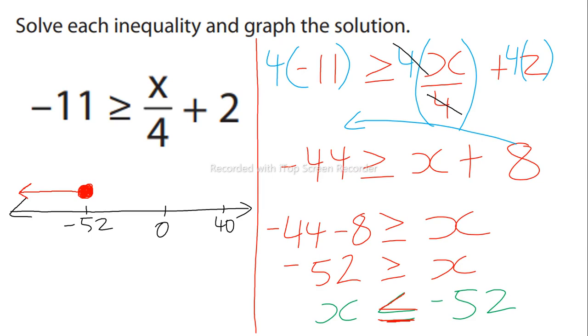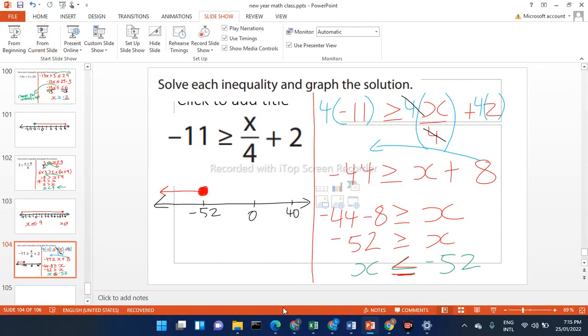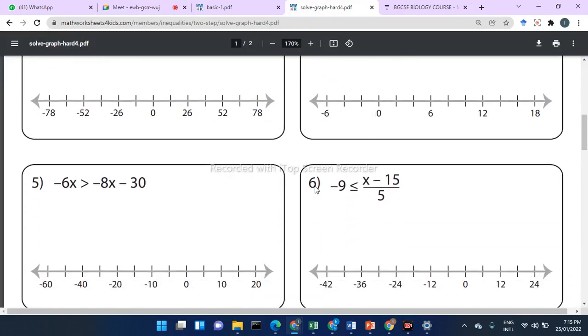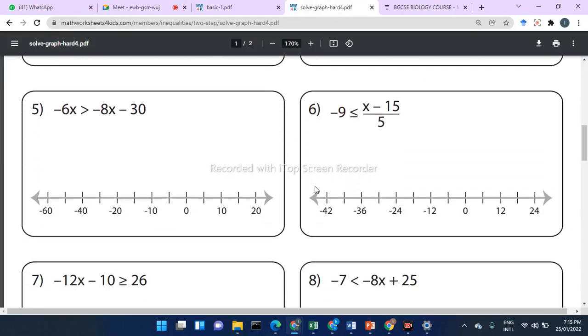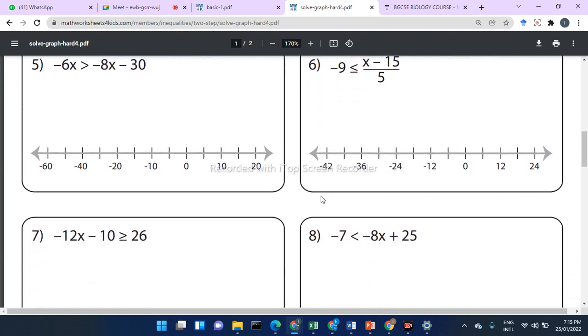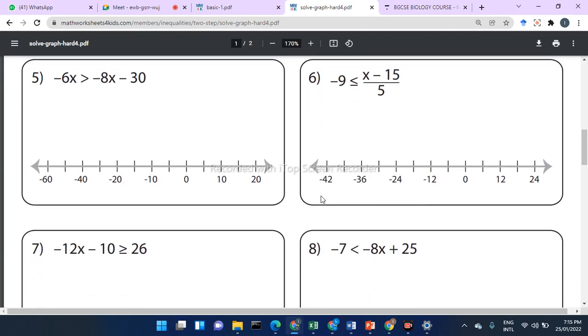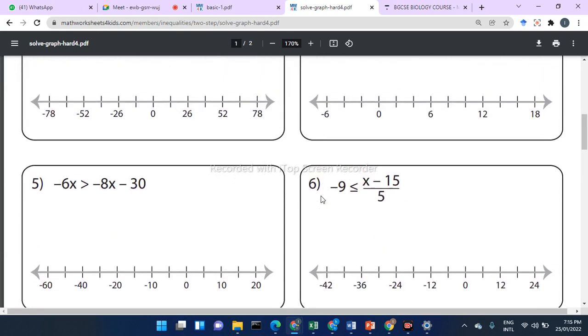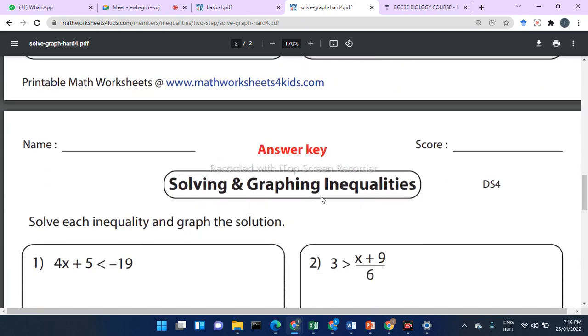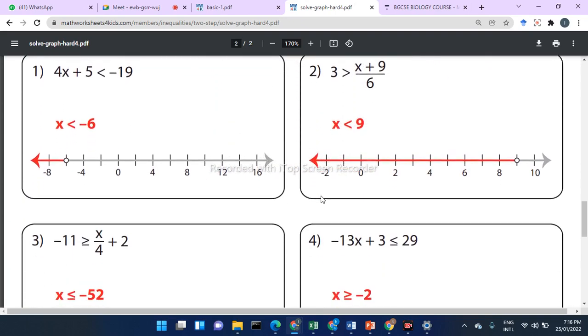Alright, so let's do another one. Let's eyeball these now. We're not going to actually do it unless I see something that I really feel like we should do. But let's eyeball it to see which technique you would use. Let's see if we were right for these ones.